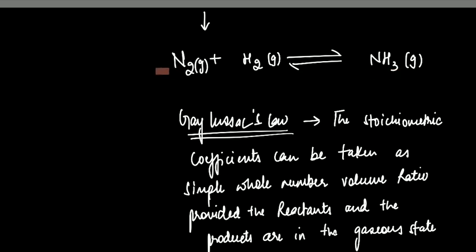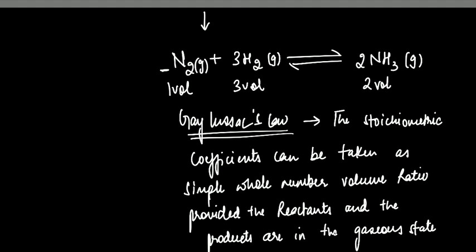So we are going to put the coefficients the way we did before. We are going to balance this equation. So 2 over here, 3 over here. So this is perfectly balanced. Since nitrogen and hydrogen are gases and ammonia is also in the gaseous state, we can say one volume, since there is no coefficient over here, so we'll take it as 1. So 1 volume of nitrogen reacts with 3 volumes of hydrogen to give 2 volumes of ammonia.